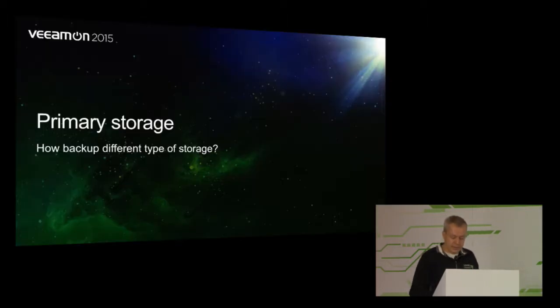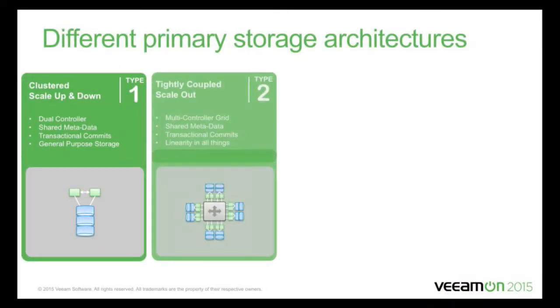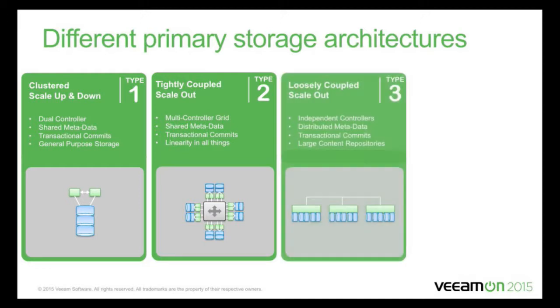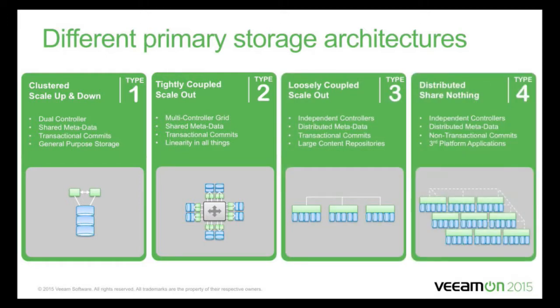But going back to primary storage, we can have different types of primary storage. Previously, we talked mostly about how we can have secondary and third tier storage. But on primary, there are different classifications of how storage can be built.